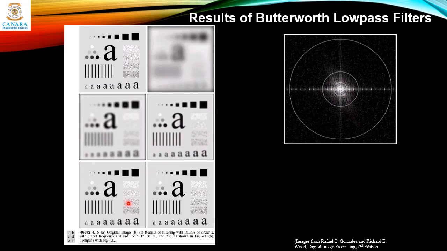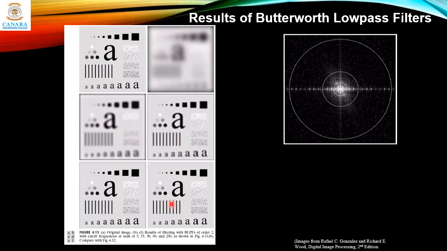Then if you increase it to this big circle, with 98% of energy, this is the result where you can see almost all the information that was there in the original image. And if you go for the bigger one, you will get back almost the same image as the input.